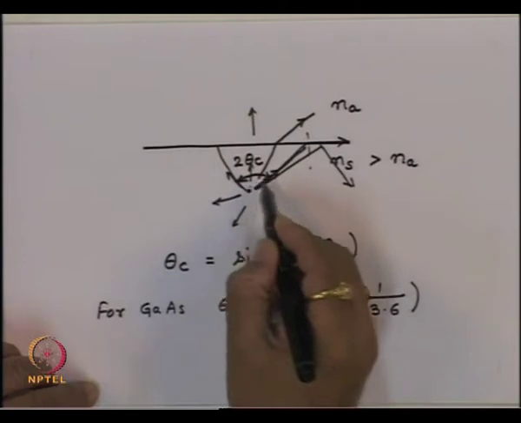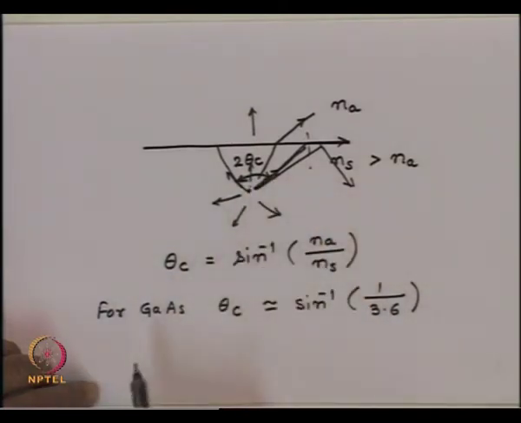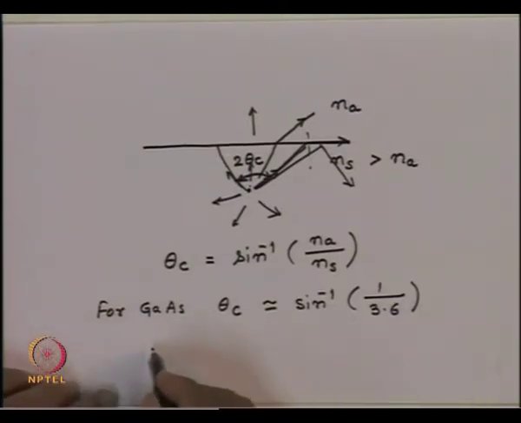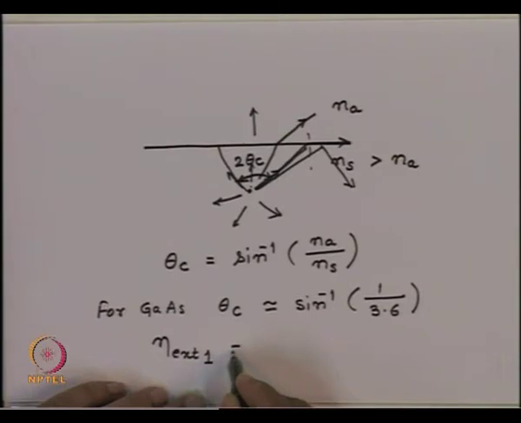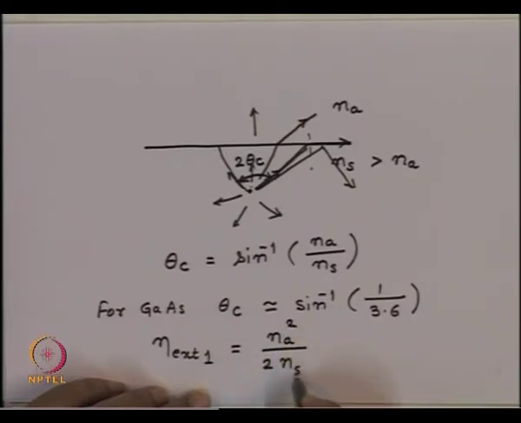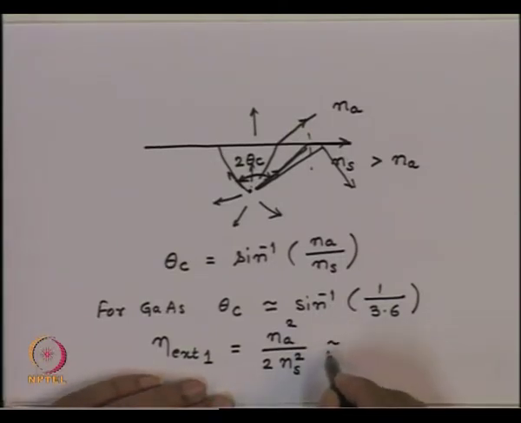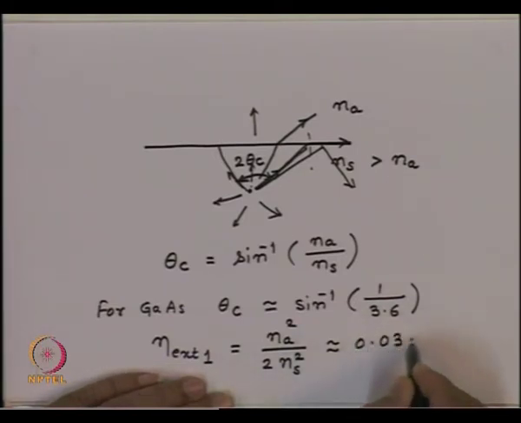And if I just do a simple calculation to find out what fraction will come out of this, so I calculate the solid angle corresponding to this and divide by the total 4 pi solid angle, I will get the eta external 1 due to this total internal reflection, that is equal to Na square divided by 2 Ns square. And approximately again for gallium arsenide, if I substitute these numbers, it will turn out to be 0.036.